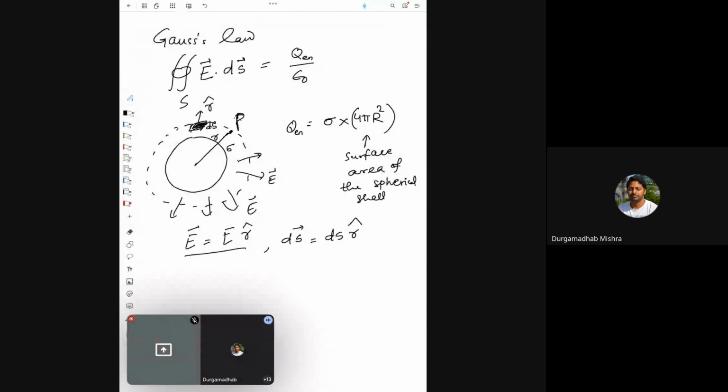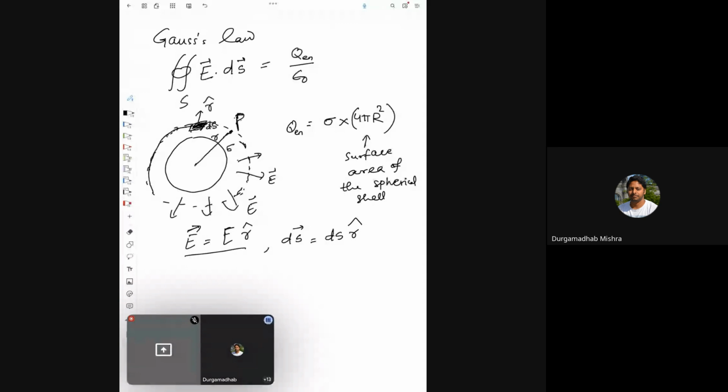Another characteristic of E, the magnitude of E: if I look at any point on the spherical surface, the magnitude of E will always be a constant.